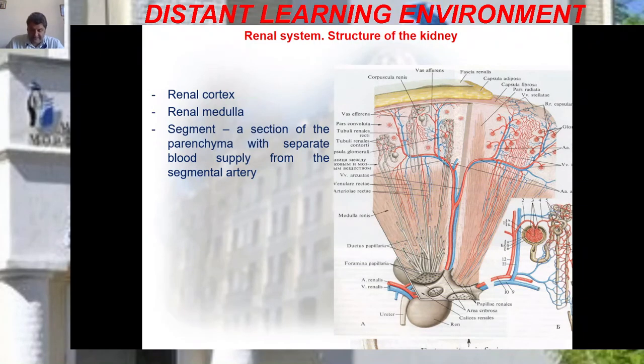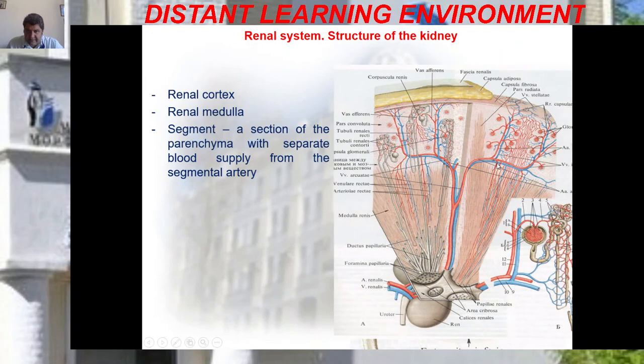The veins accompany the corresponding arteries and leave the renal hilum as a common trunk. You may see it here, and it goes to the vena cava inferior. Venous blood drains from the cortex first into the stellate veins, venulae stellatae.